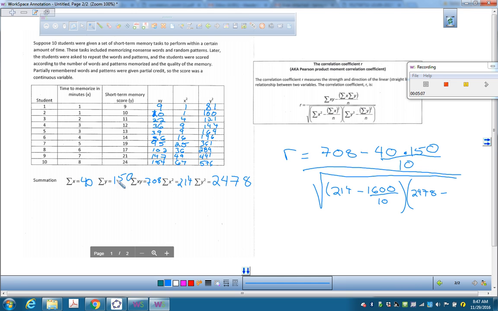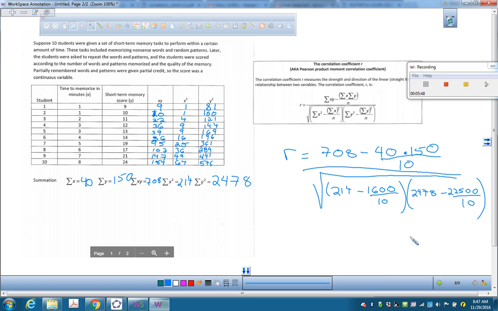What's 15 squared? 225. So I'm going to add 2 zeros to that. See how I kind of did that in my head? I'm taking 150, so I take 225, add 2 zeros to that. Okay? And then I divide that by 10. Okay?